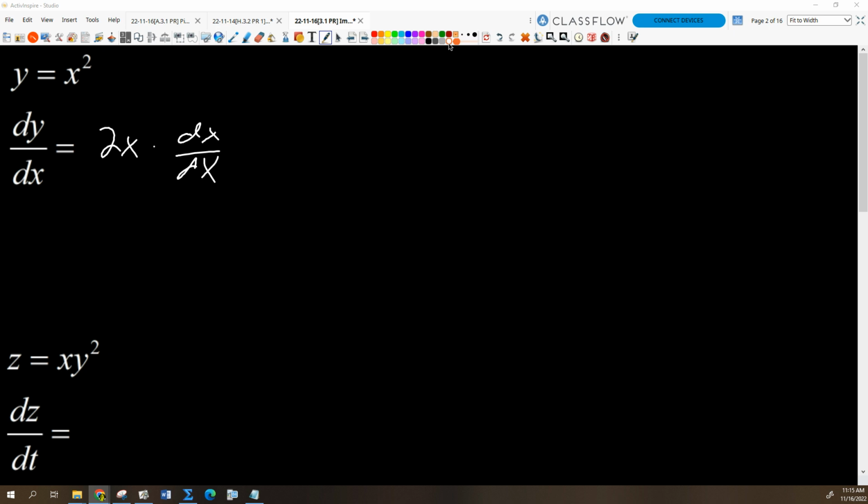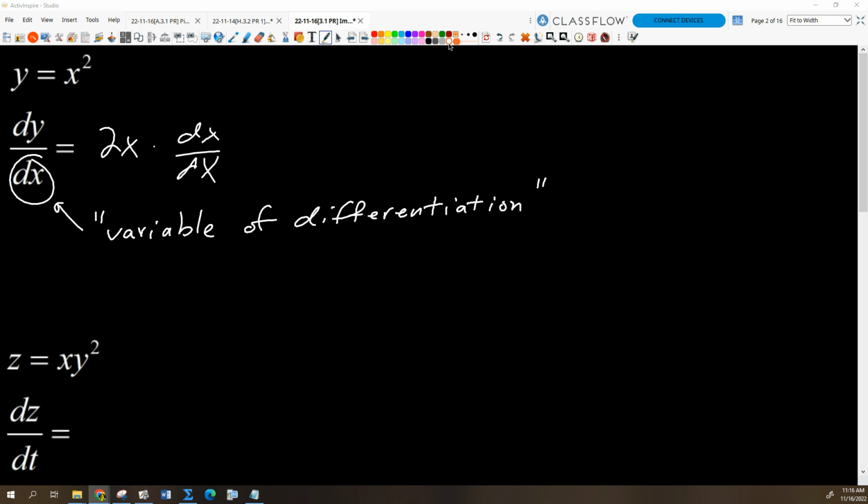If the variable in the expression we're differentiating is the same as the variable of differentiation, right? You get what I mean when I say the variable of differentiation. The variable of differentiation is x in this case, because I'm differentiating with respect to x, right?